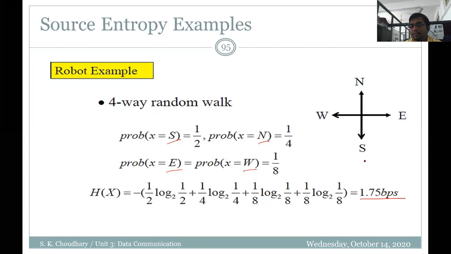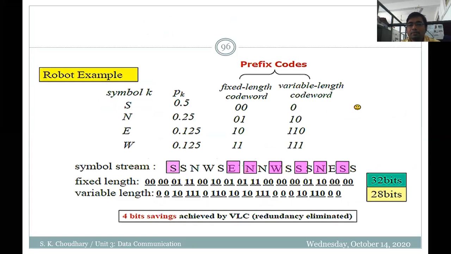It is not seconds, it is bits per symbol or per message. Okay, so this is the entropy of the robot. Now we have to calculate the average code length by using the prefix coding.